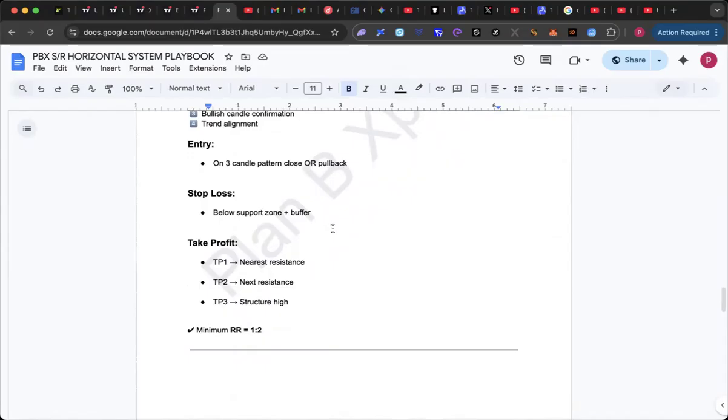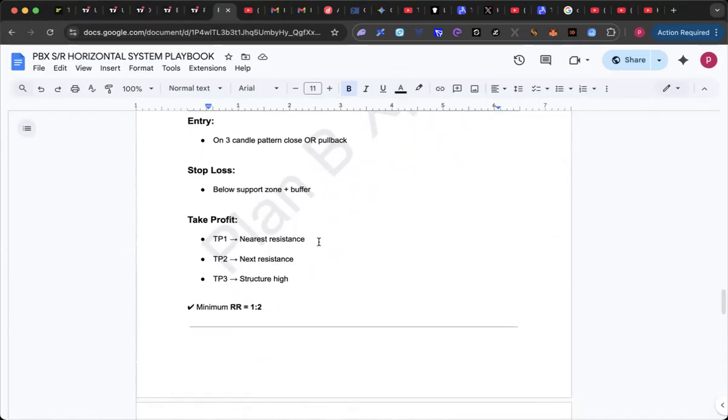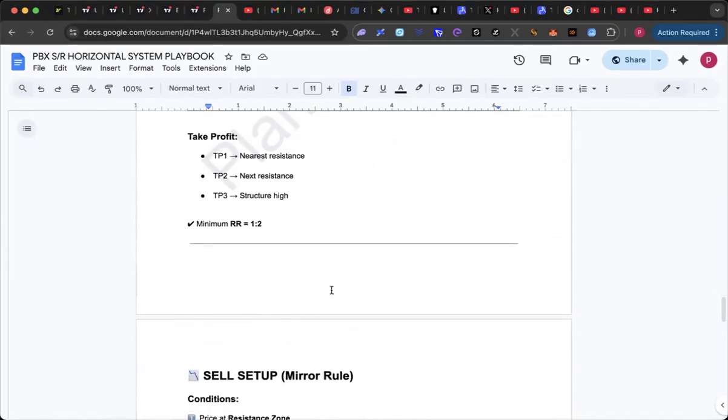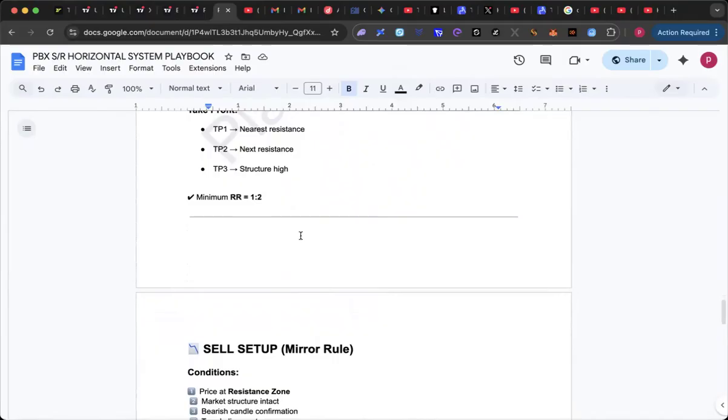Then below the support zone, there's stop loss plus buffer, so allow a kind of space to accommodate. Take profit at nearest resistance, swing point, next resistance, structure high, just continue like that. Minimum target 1:2 risk reward.